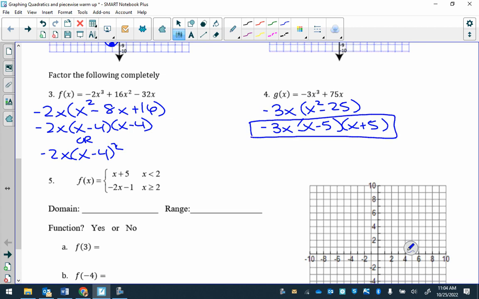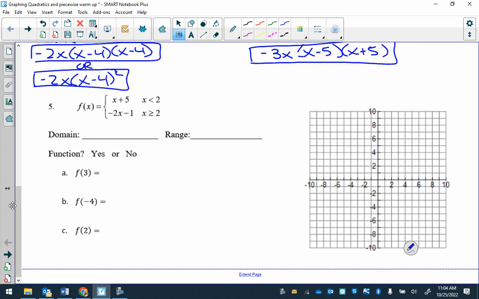Both of these we're factoring completely. So we're not solving here, just as is. So you have your negative 3x, then you have the difference of two squares, which is x squared minus 25. You can keep going to x minus 5 and x plus 5. Okay. All right, and the last one is a piecewise function. How do we start? What do we do?